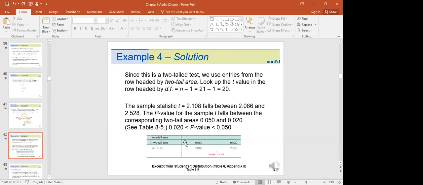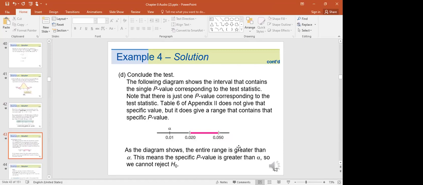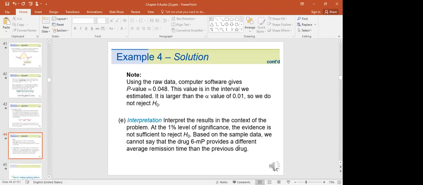And then you move up to find, because we are using two-tail, these two numbers, 0.05 and 0.02, will enclose the p-value. That we will say p-value is greater than 0.02 and less than 0.05. Anyway, that's not our problem now because you get the exact value of the p-value from the calculator, which we will want to compare to the alpha.